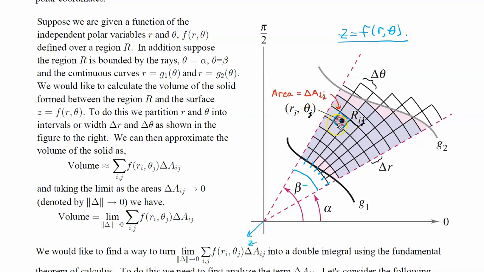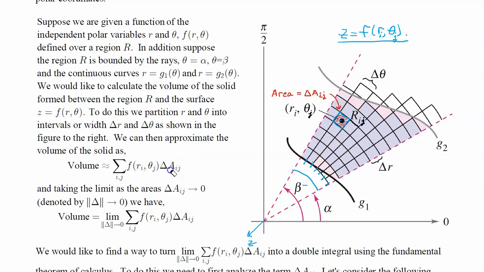And imagine that you have a little rectangular column coming straight out of the computer screen of height f of r_i, theta_j. That's going to be the height of the little rectangular column coming out of the computer screen towards you. Now the volume of that little rectangular column with base delta A sub ij is given by this right here. You simply take the area of the base times the height of your column.